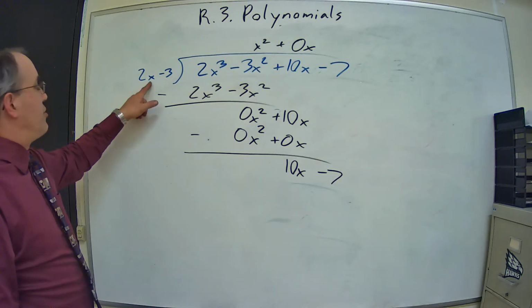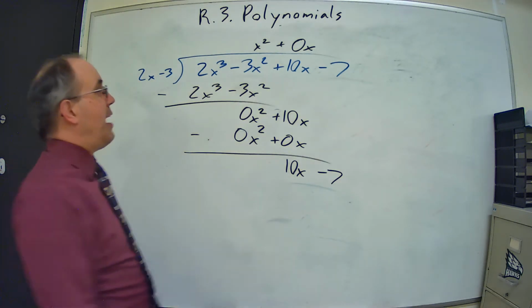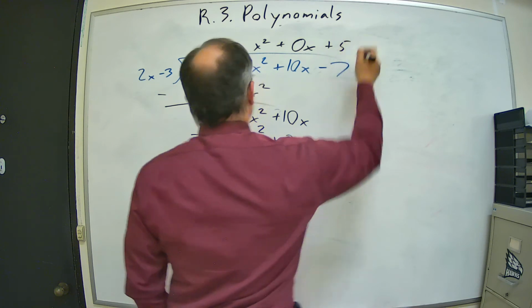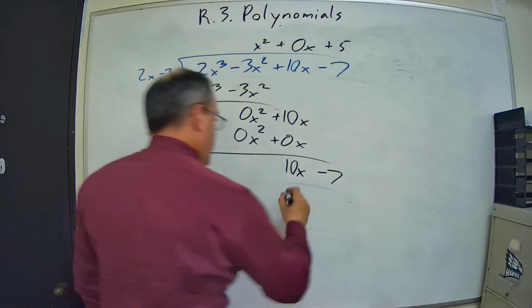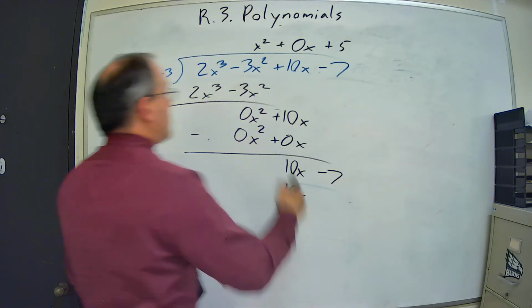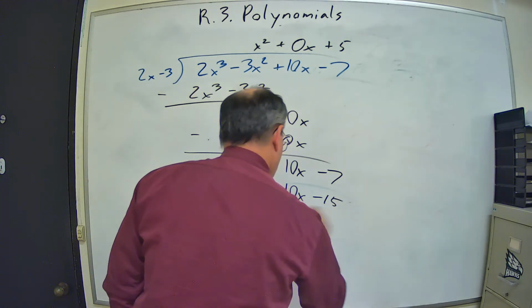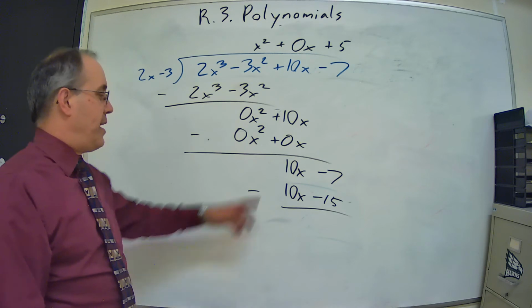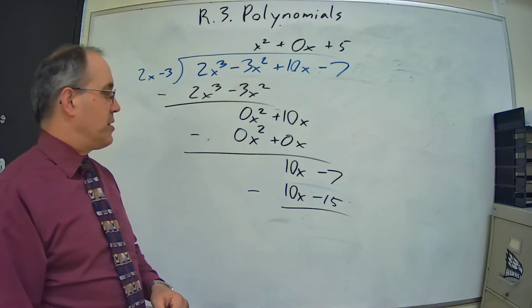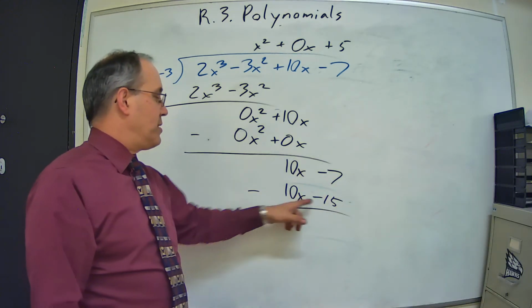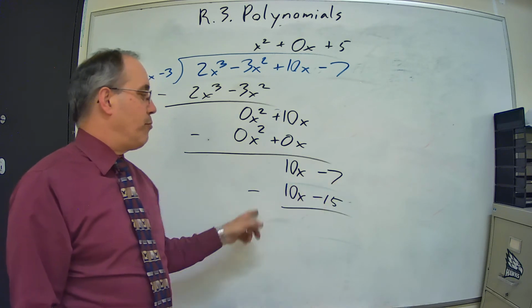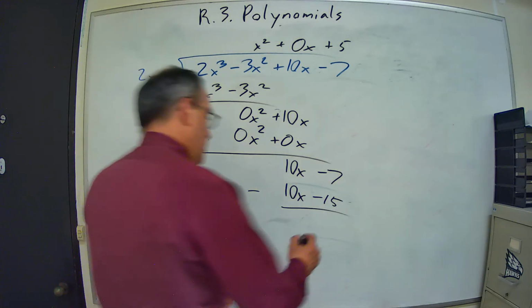We subtract and we get 10x, bring down the negative 7. How many times does 2x go into 10x? 5 times. 5 times 2x is 10x. 5 times negative 3 is negative 15. When we subtract, 10x minus 10x gives us 0. Negative 7 minus negative 15, or negative 7 plus 15, gives me positive 8.